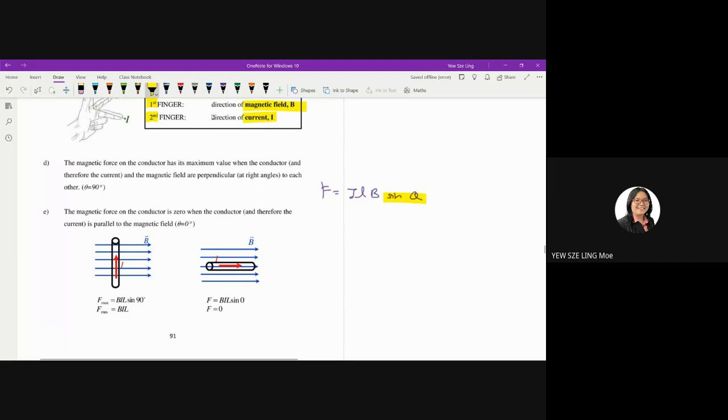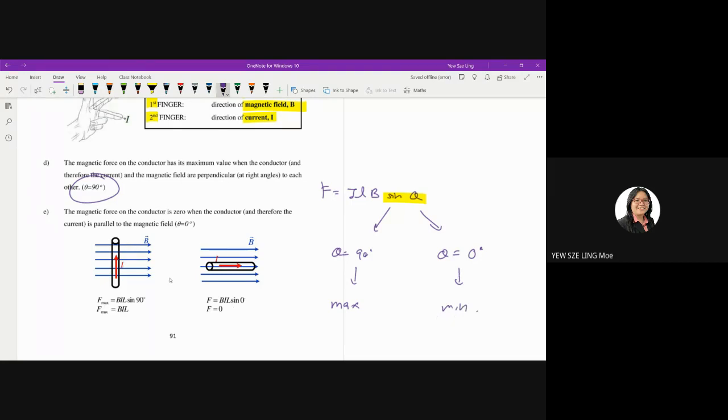You can have maximum and minimum depending on the angle. The value is maximum when the conductor and the magnetic field are perpendicular to each other, meaning that angle is 90 degrees. If the angle is equal to 0 degrees, then it gives you minimum value, as shown in the diagram.